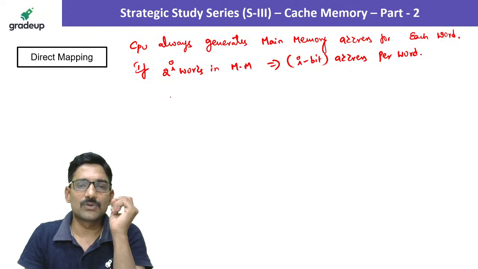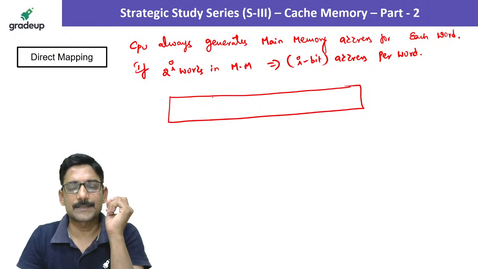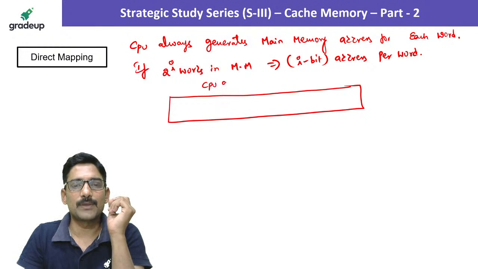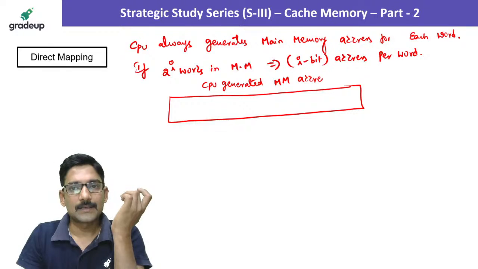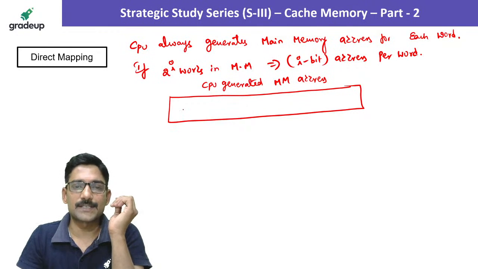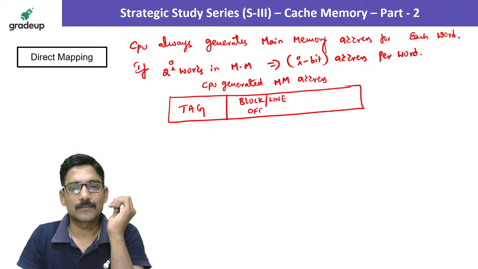Right? So that CPU generated main memory address, the direct mapped cache interprets as tag, block or line offset, and word offset.